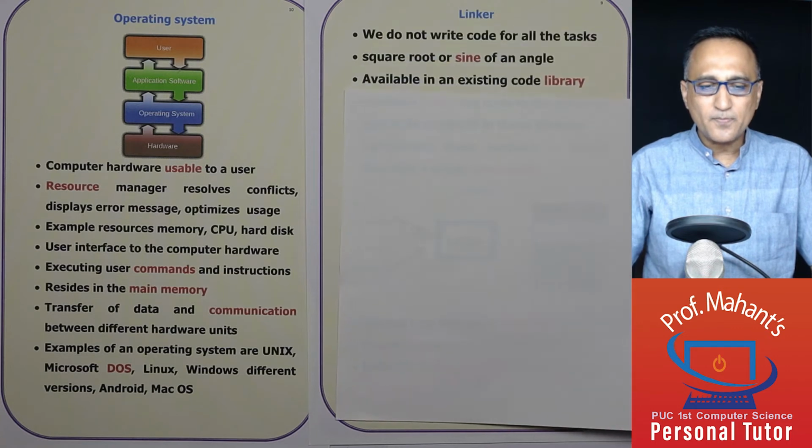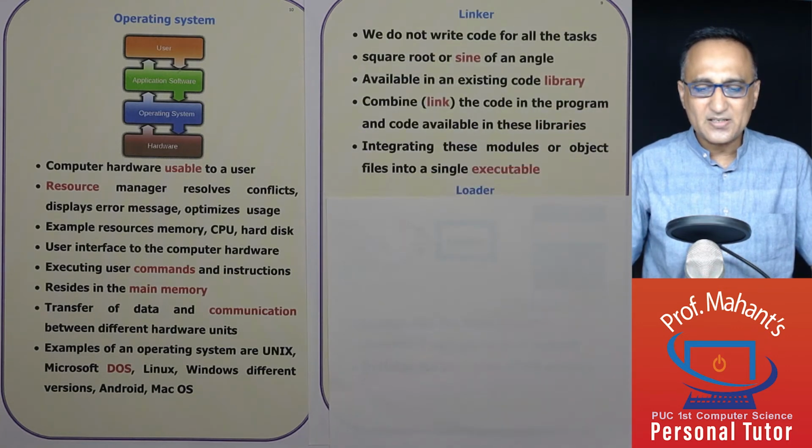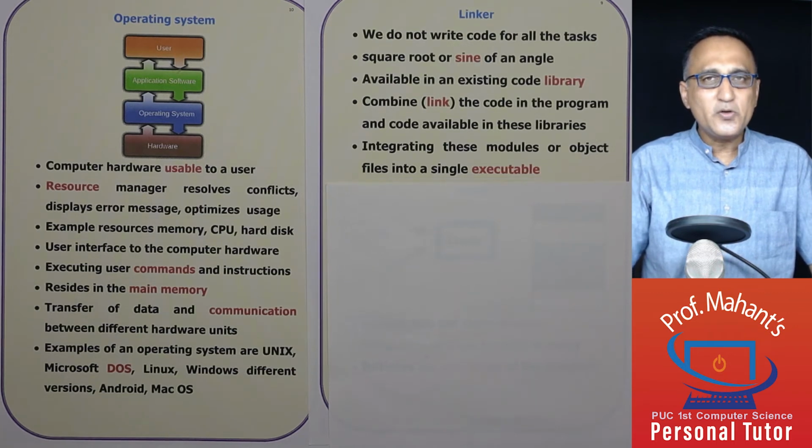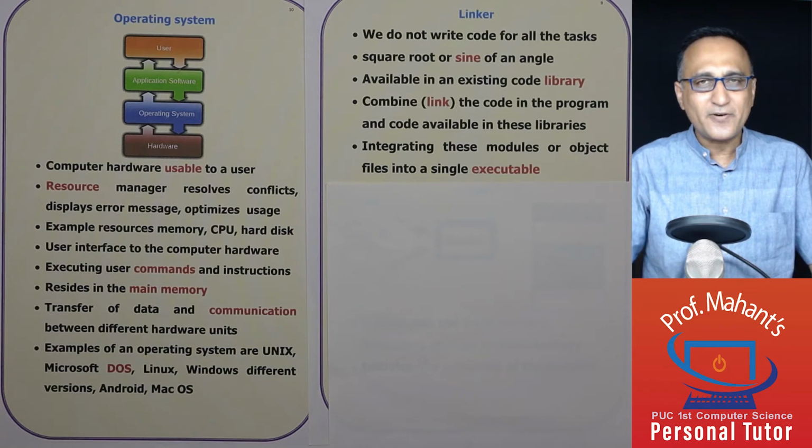Before we go to the next slide, let's take a look at what you mean by the words linker and loader. Suppose I tell you to write a program to find the area of a triangle using Hero's method. You will use a library function called square root to find the square root of a given number.